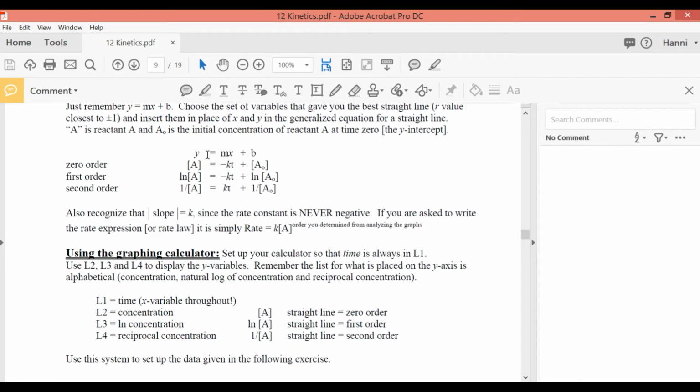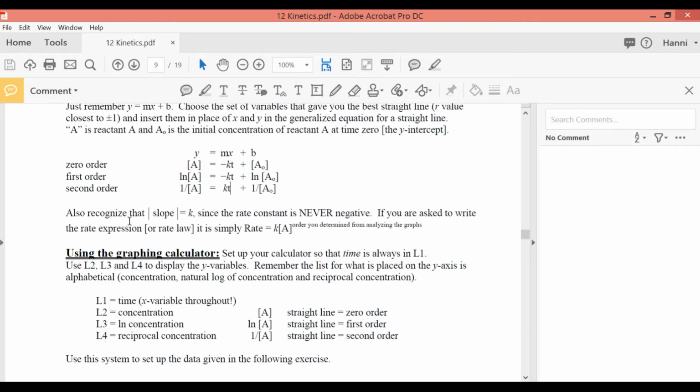So, and then these are the general equations, the y equals mx plus b, right? So the concentration of A is equal to negative kt plus the initial concentration of A. First order would be the natural log of A is equal to negative kt plus the natural log of the initial concentration of A. And second order is 1 over the concentration of A is equal to kt plus 1 over the initial concentration of A. So keep in mind, or pay attention to, I should say, the slope for zero order is negative k, the slope for first order is negative k, and the slope for second order is positive k.